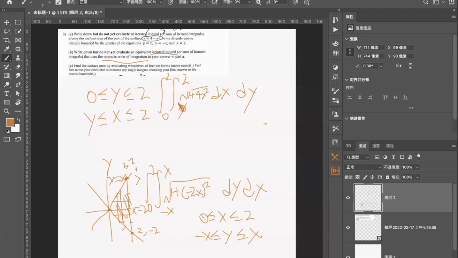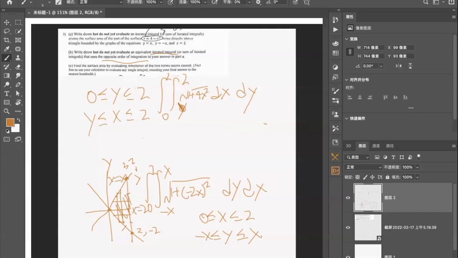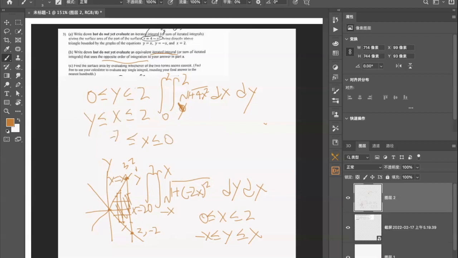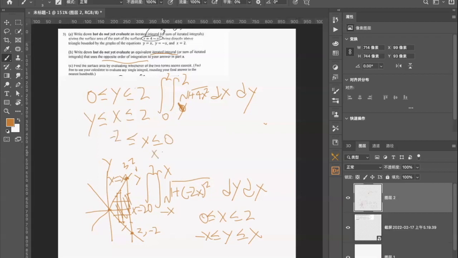So we still have a bottom part we need. For the bottom part, y starts at negative 2 and goes up to 0. So now x. Well, x, again, the right is 2, and this time the left is negative y, because y equals negative x, so negative y equals x.